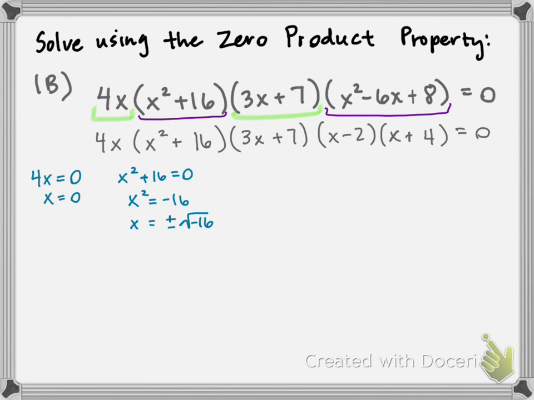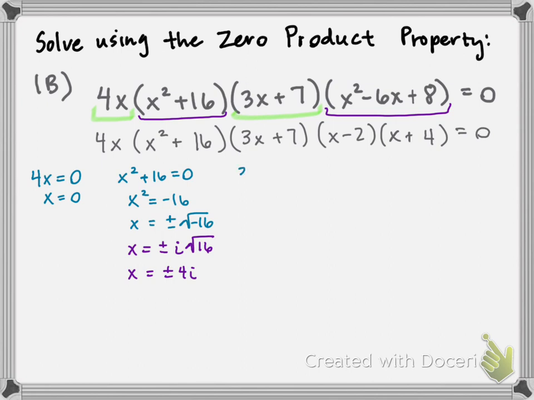At this moment, we would say that that doesn't exist. However, I'm going to give us a preview of lesson 22, which states that that is actually x is equal to plus or minus i square root of 16, because i is the square root of negative 1, and that means that I have x equals the plus or minus of 4i. Again, that's a little advanced. If you stopped at the blue, you're totally fine for now.